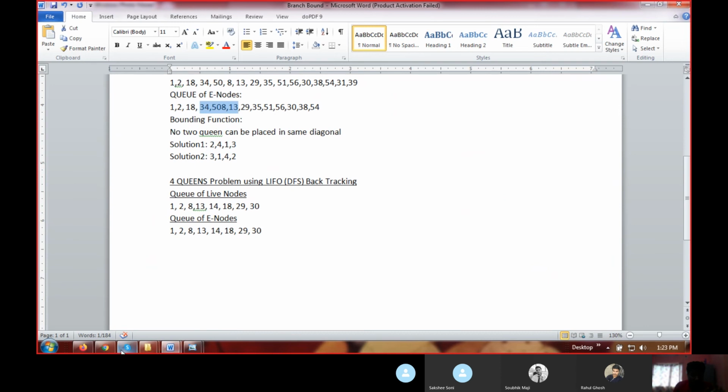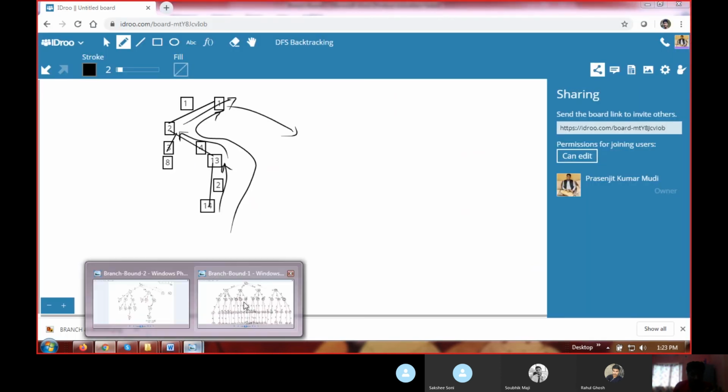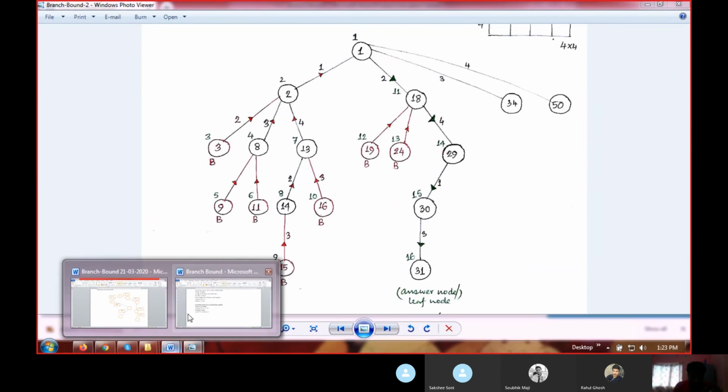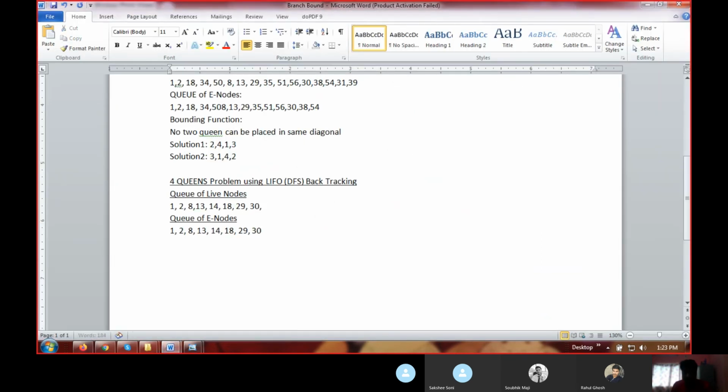Okay, so next, in the picture, 30 is explored, and from 30, after exploration, we can generate a possible node 31, which is not violating any bounding function. So the next live node is 31 here, and this is a leaf node, and we stop here.